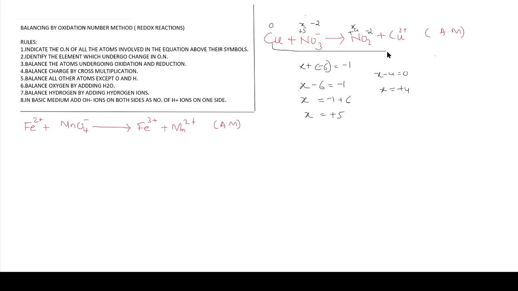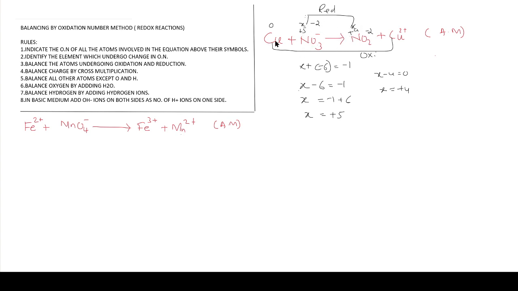An increase in the oxidation state is the oxidation process. Before that, see here again, nitrogen from +5 has changed to +4. So this is a reduction, that is, a decrease in the oxidation number. This process is the reduction.